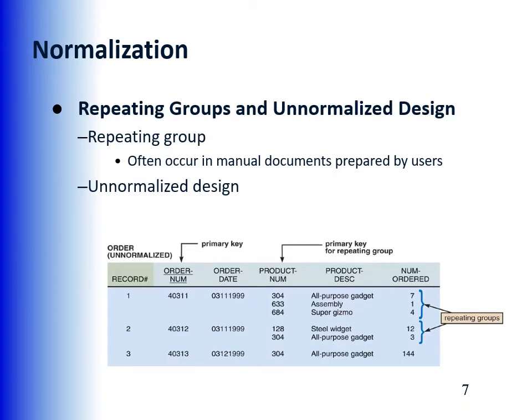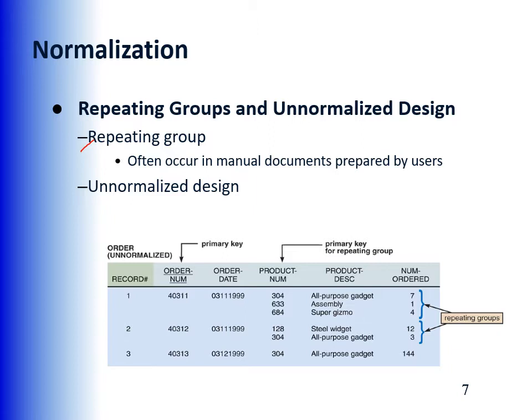During data design, you must be able to recognize a repeating group of fields in unnormalized designs. A repeating group is a set of one or more fields that can occur any number of times in a single record, with each occurrence having different values.